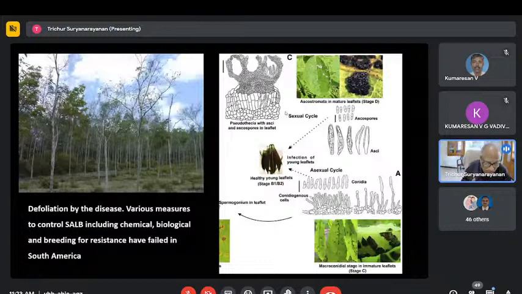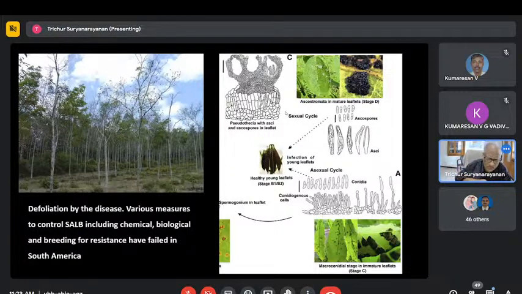Because of the high diversity, you get different species of plants within one square kilometer. The Amazon forest is very highly diverse and dense. So one has to search for the rubber tree, that too of a particular age. So your task becomes more and more difficult as we extract rubber from wildly growing rubber trees.